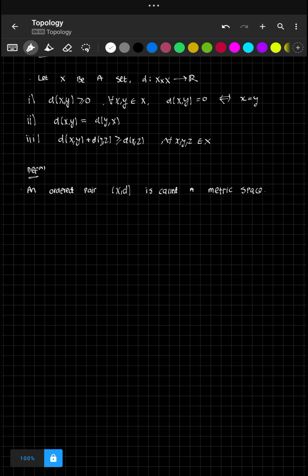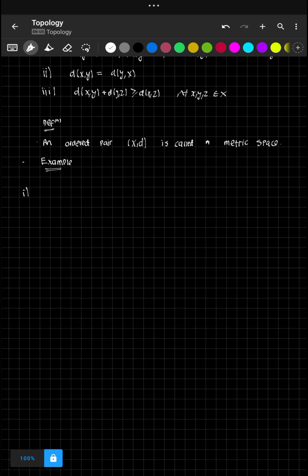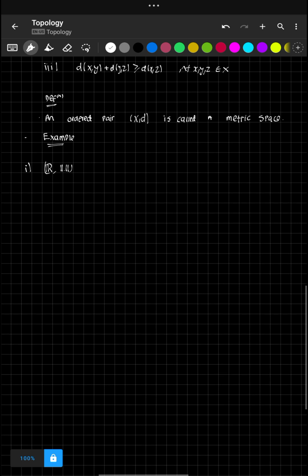So what are some examples of a metric space? Now we will look at some examples. The first example is R. If you have R, then the distance of x and y is equal to the modulus of x minus y.